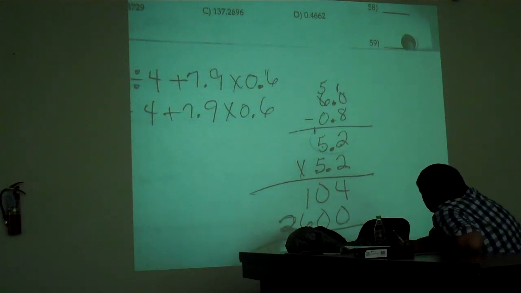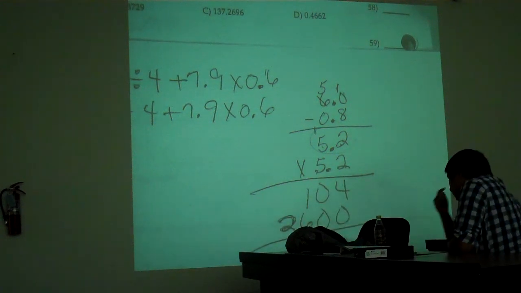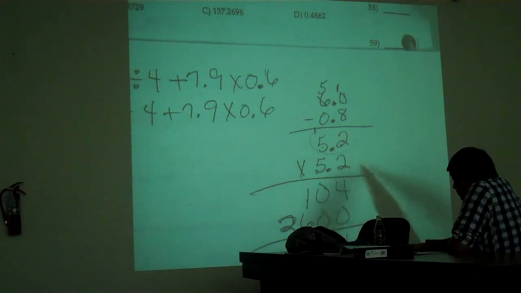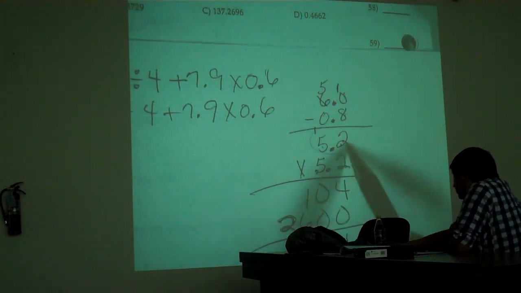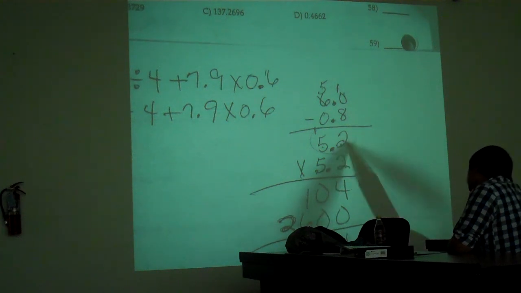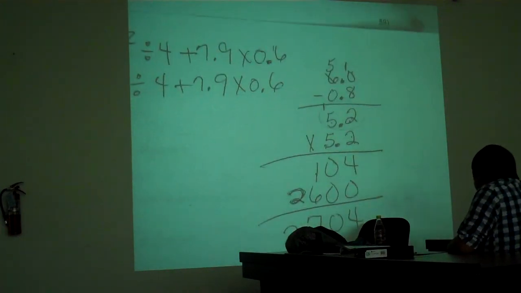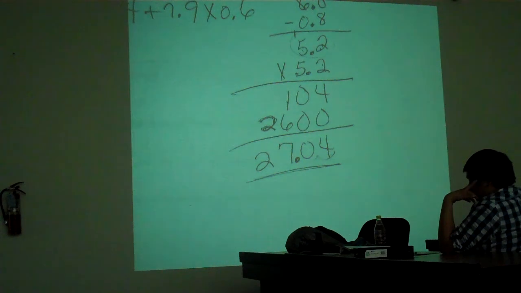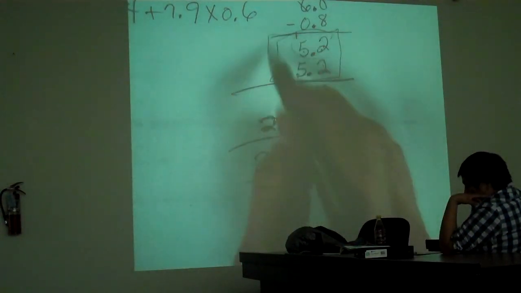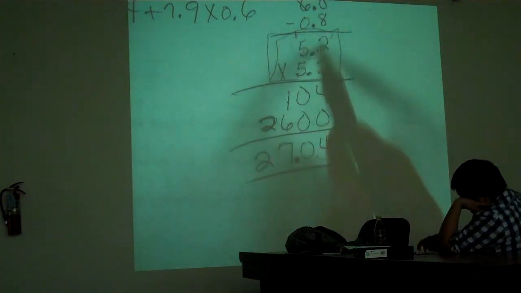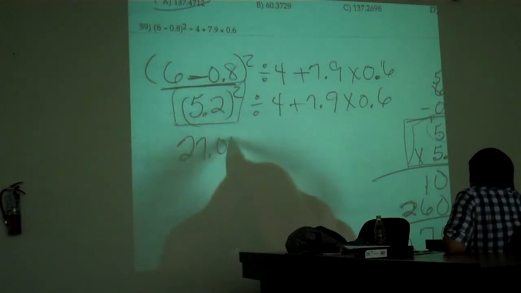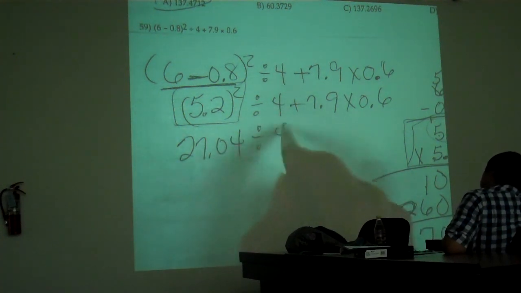Keep them lined up so you don't make mistakes. 4, 0, 7, 2. We have 2 numbers behind our decimal here, so we need to move our decimal back 2 times. 1, 2. So it's 27.04. 5.2 times 5.2 is 27.04. Rewrite the whole thing.